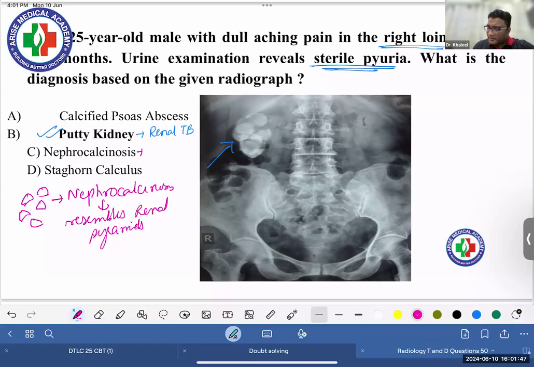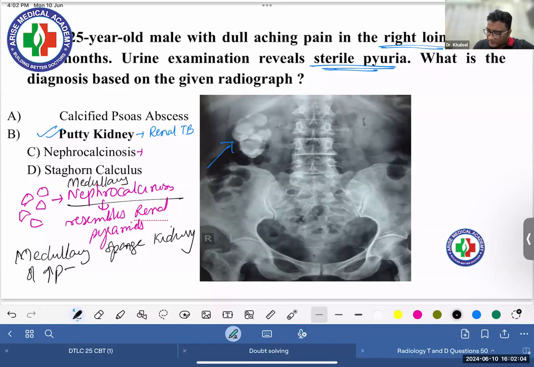Medullary nephrocalcinosis is seen with medullary sponge kidney and hyperparathyroidism.